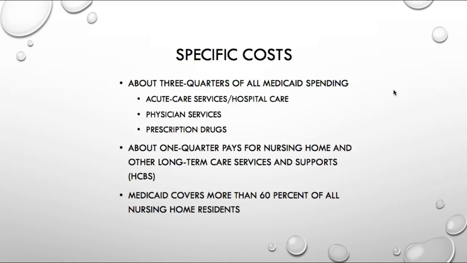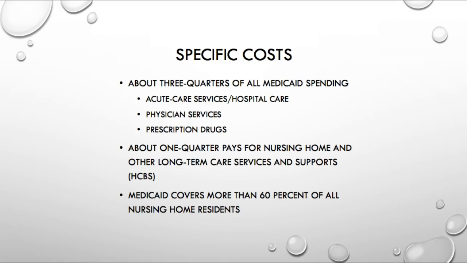Some of the specific costs in Medicaid: about three-quarters of all Medicaid spending is for hospital care, physician services, and prescription drugs. About one-quarter of it pays for long-term care services and supports.